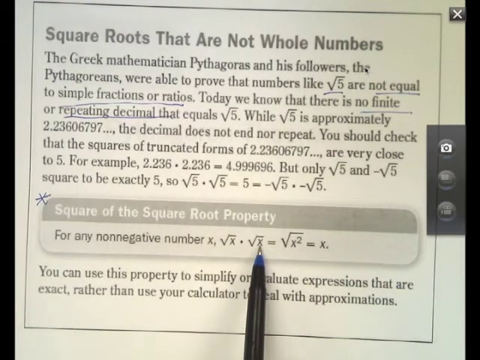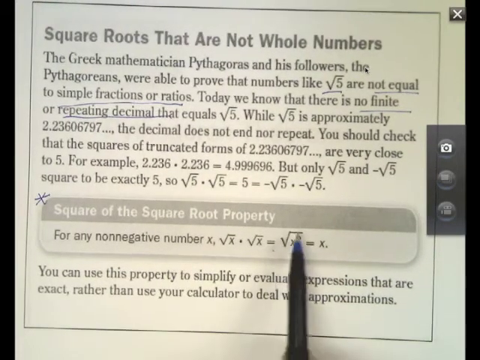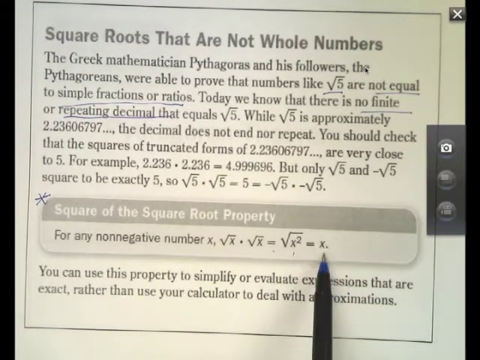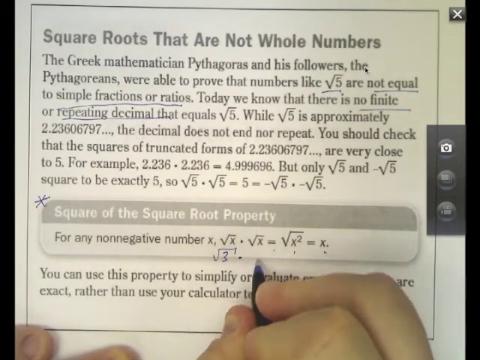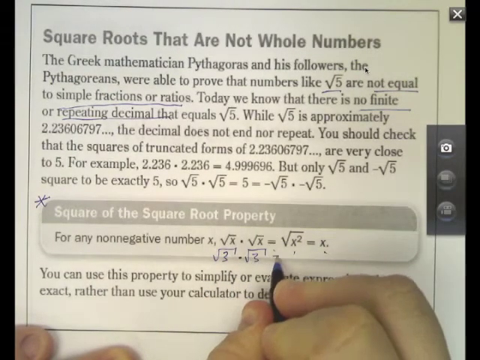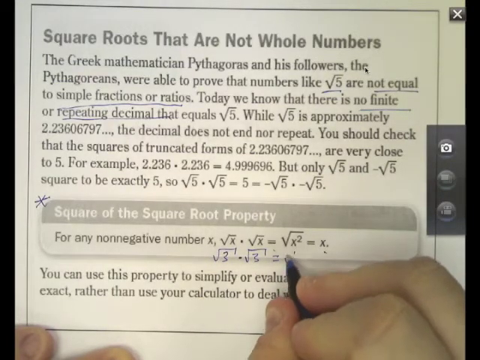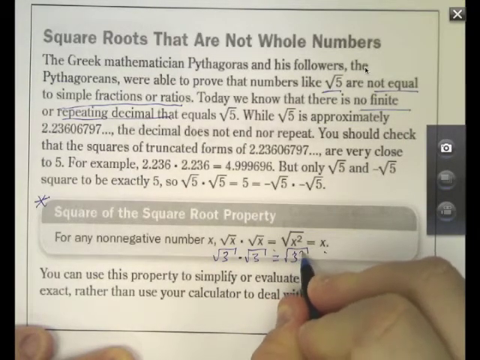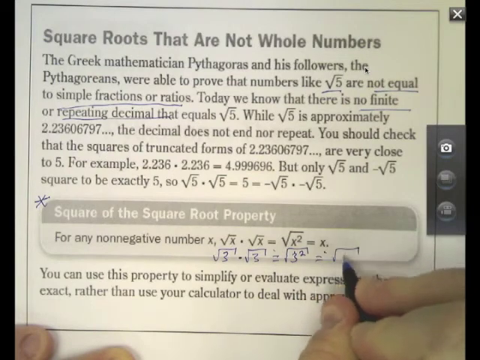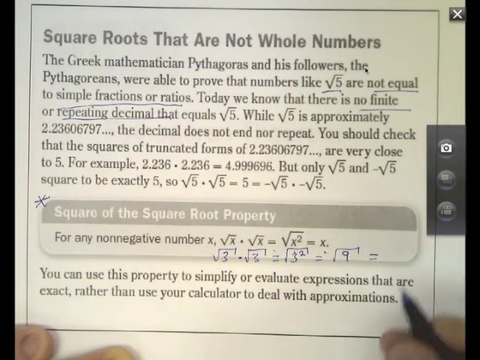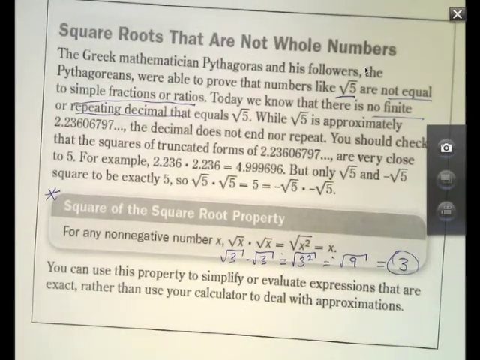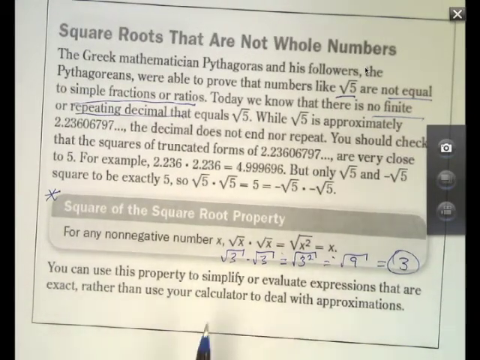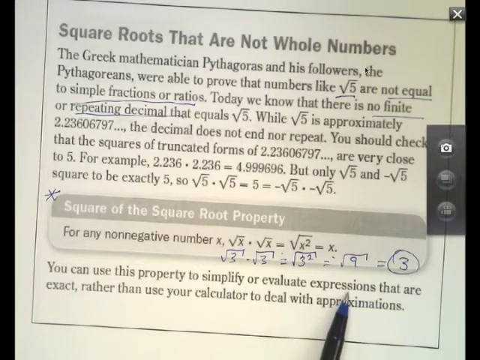For any non-negative number x, okay, the square root of x times the square root of x equals the square root of x squared, which is going to give you x. So for instance, the square root of 3 times the square root of 3 equals the square root of 3 squared, which equals 9, which is going to give you the side length 3.